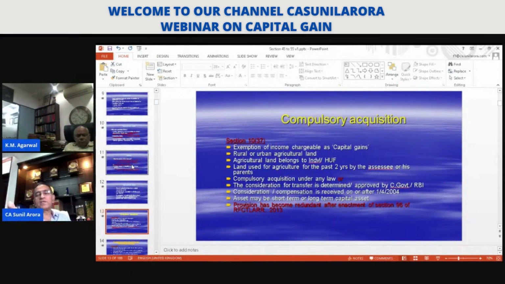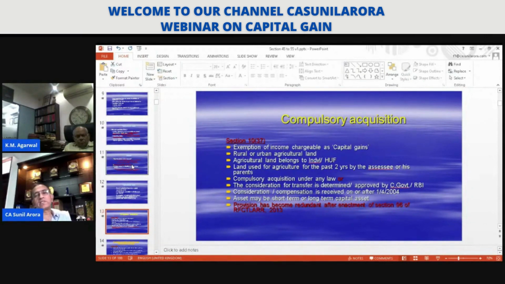So in that enactment, section 96 provided that any gain arising to the person whose land is being acquired under this act will be exempt from tax, and there will be no income tax liability.